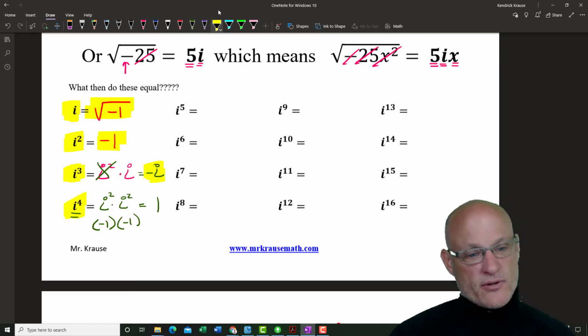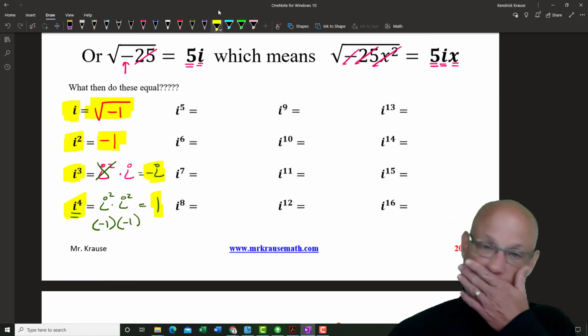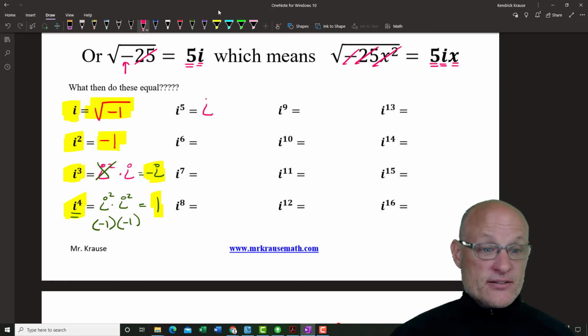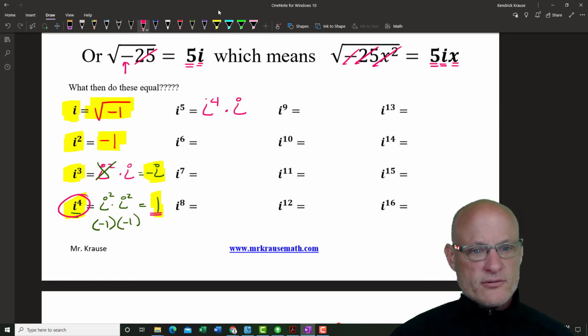And i to the 4th is 1. Now we're going to see if we can come up with some generalizations. i to the 5th. I'm going to rewrite i to the 5th as i to the 4th times i. Well, what is i to the 4th? It's just 1. Oh, so that just kind of goes away. It's just 1. 1 times i is i.